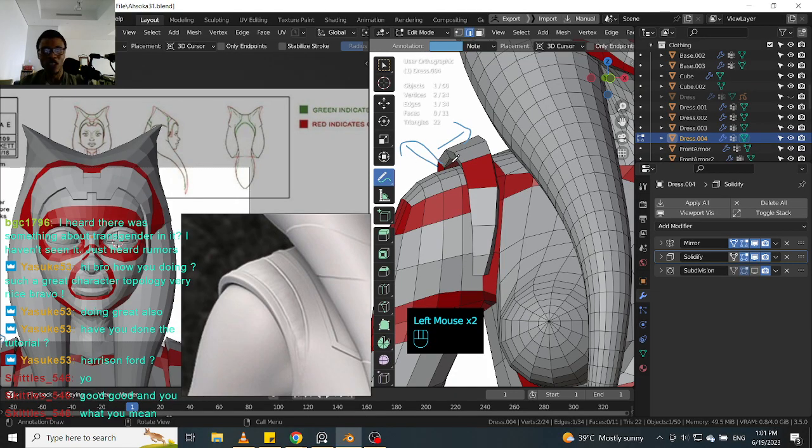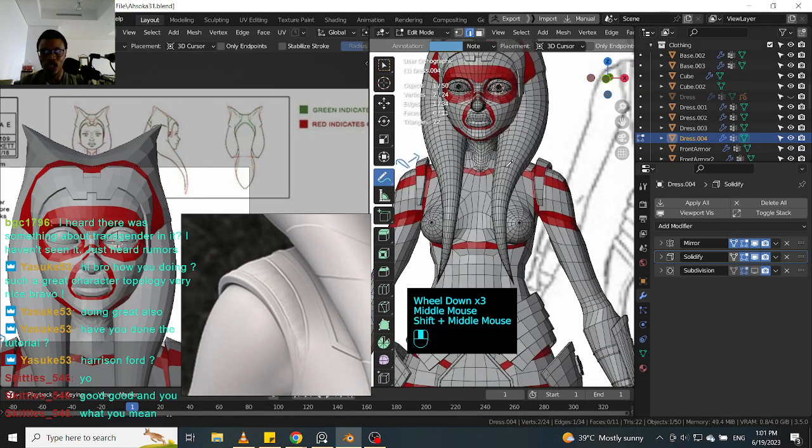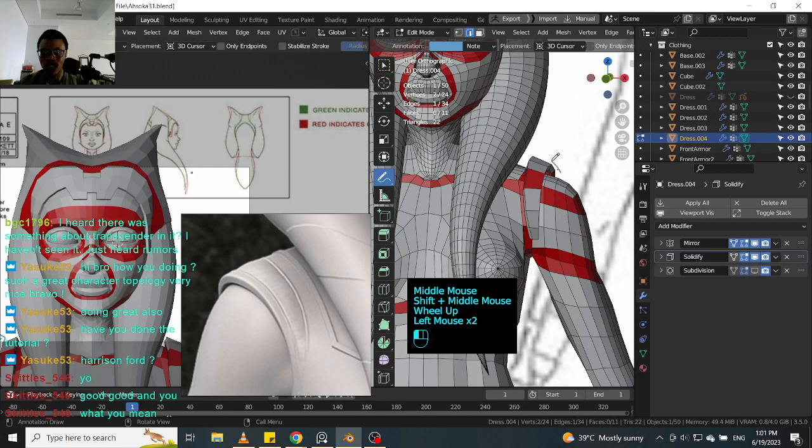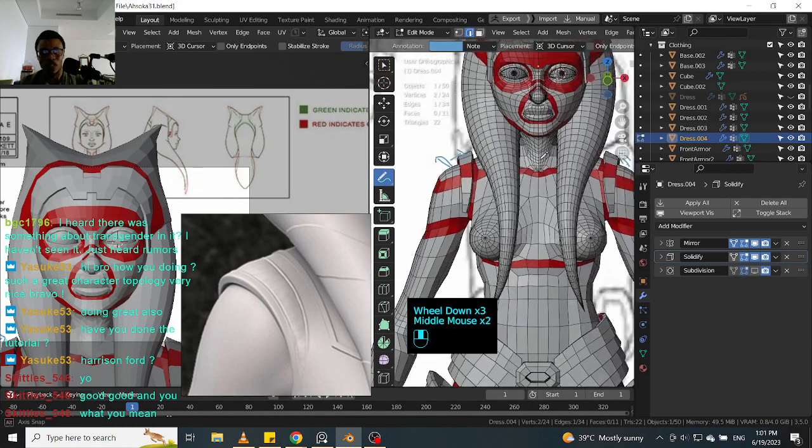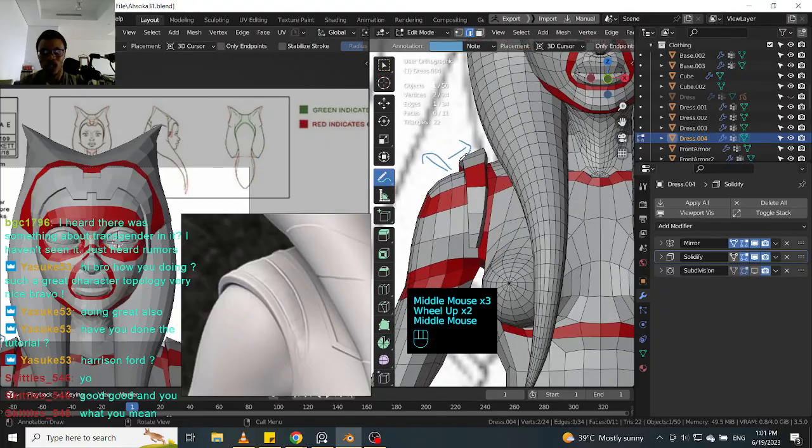What it's doing is moving whatever I've selected in this direction from this point, even though I've selected this side, which is the weird part. I don't know why, but instead of moving it that direction, it moves it that direction.